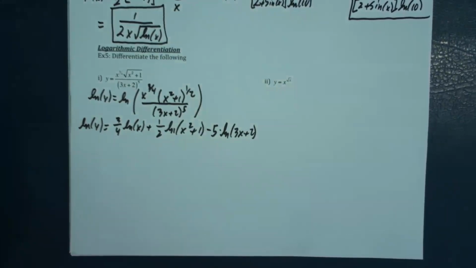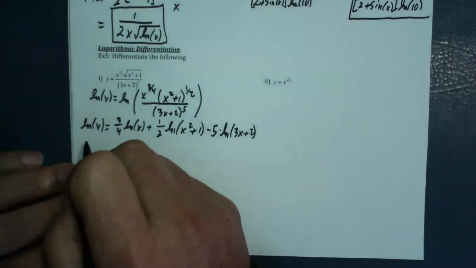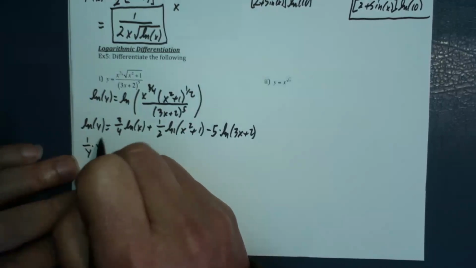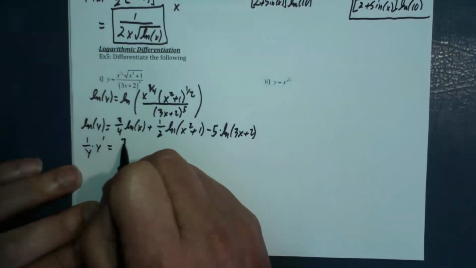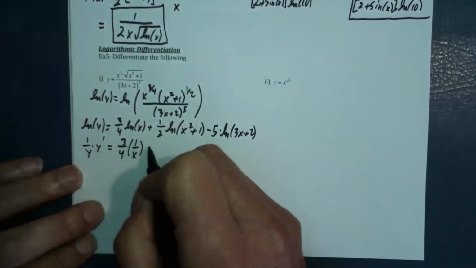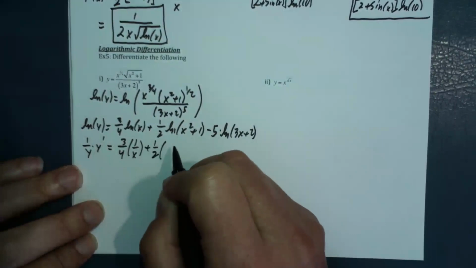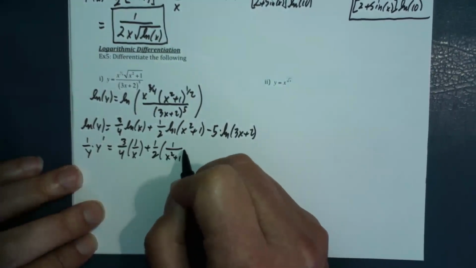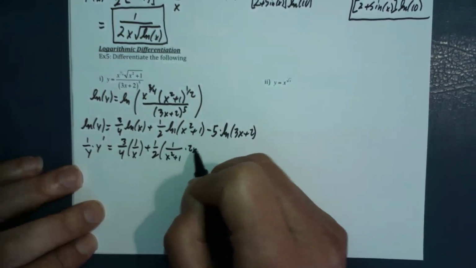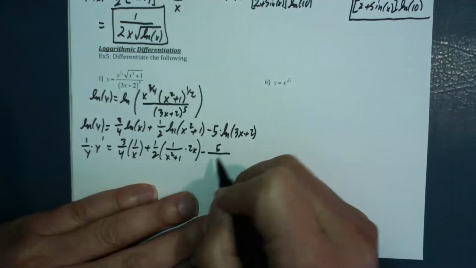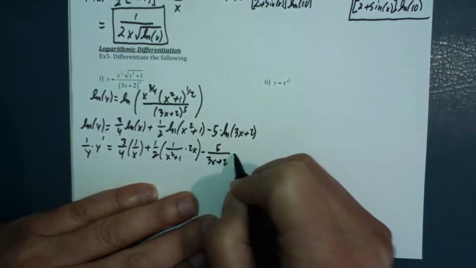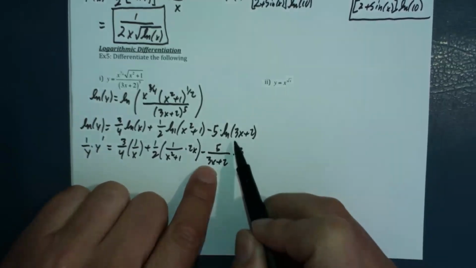All right, now, when we take the derivative here, this is going to be 1 over y, but remember, y is a function of x, which means it's going to be 1 over y times y prime. Because 1 over and then the derivative of y is right there. And this becomes 3/4 times 1 over x plus 1/2 times 1 over x squared plus 1 times 2x, remember chain rule, minus 5 over 3x plus 2 times 3, because the derivative of the inside just becomes a 3.